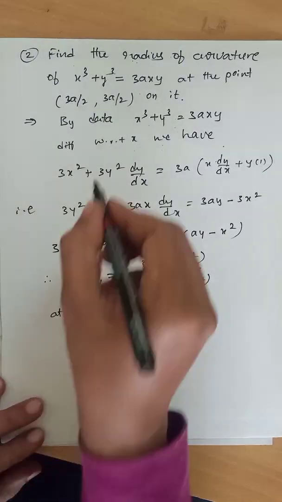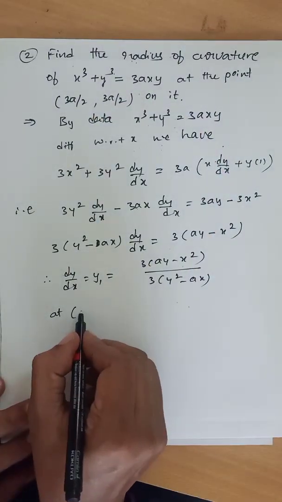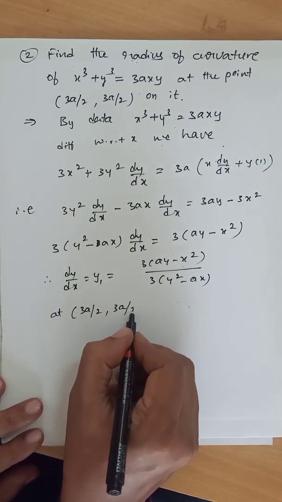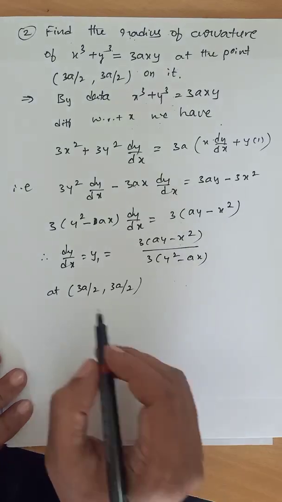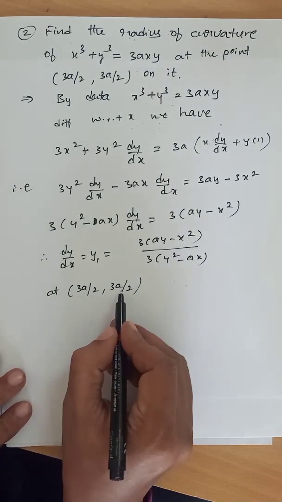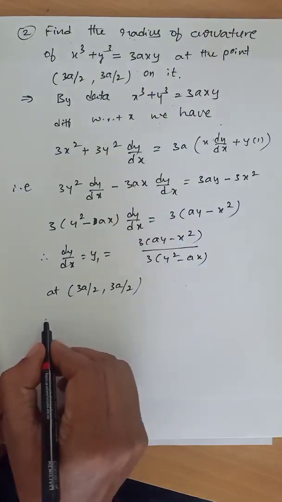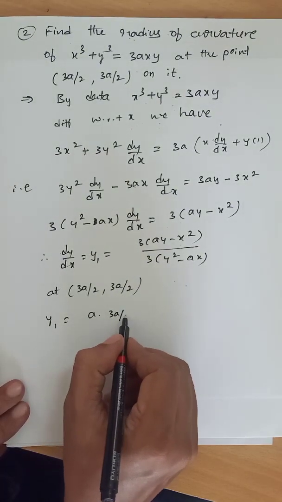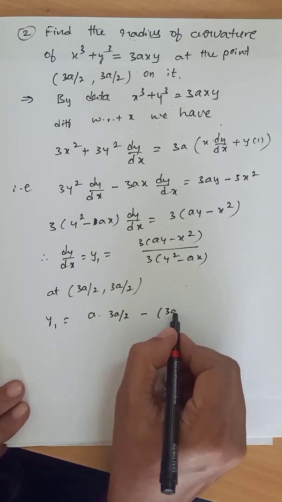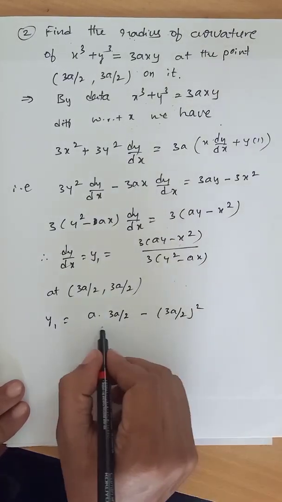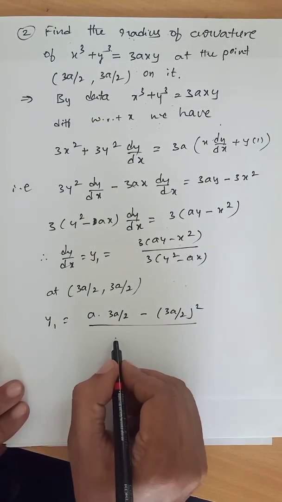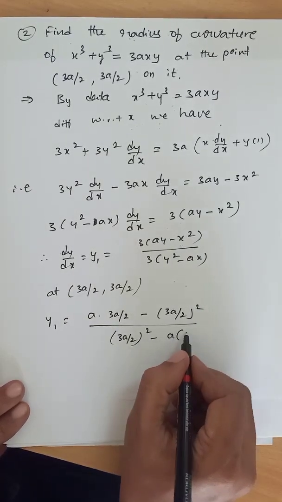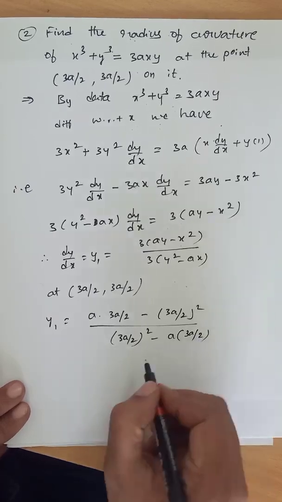Now apply this point 3a by 2 comma 3a by 2. What happens? You substitute x is equal to 3a by 2 and y is equal to 3a by 2 into this and you will get y1. y1 is a into 3a by 2 minus 3a by 2 whole square divided by 3a by 2 whole square minus a into 3a by 2.